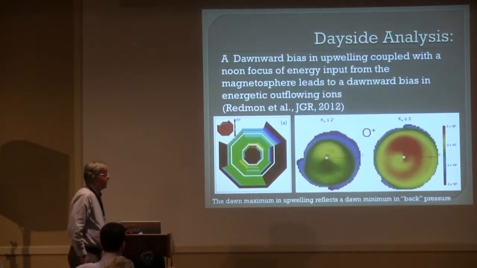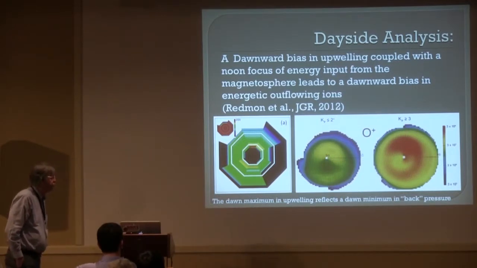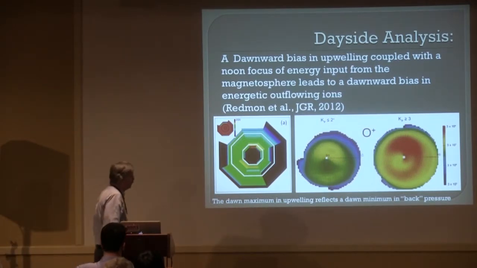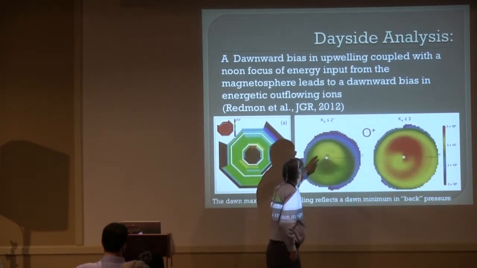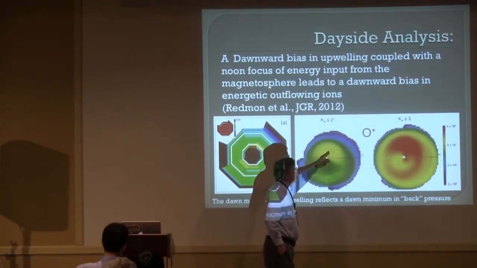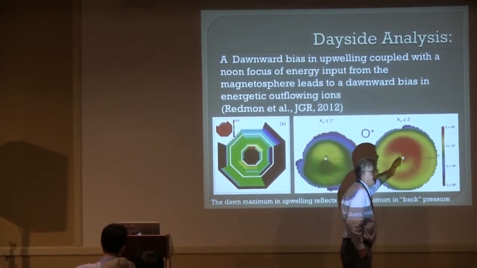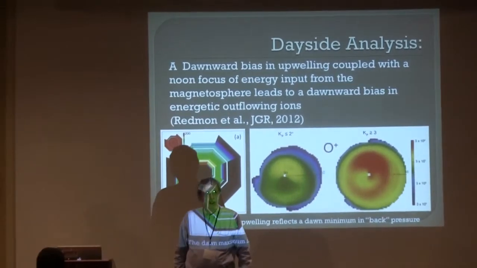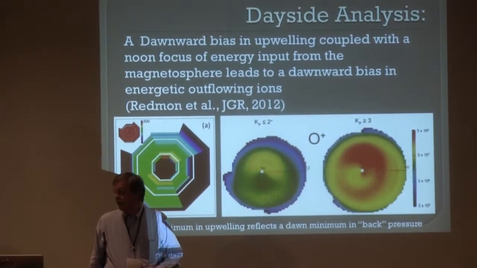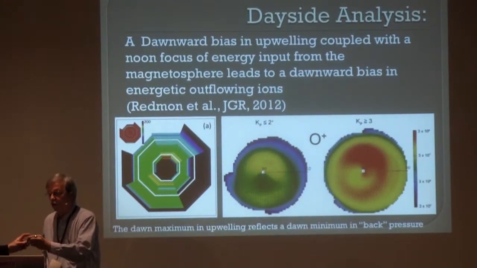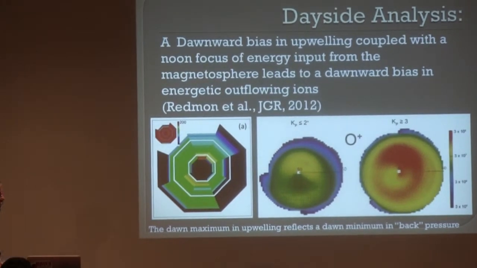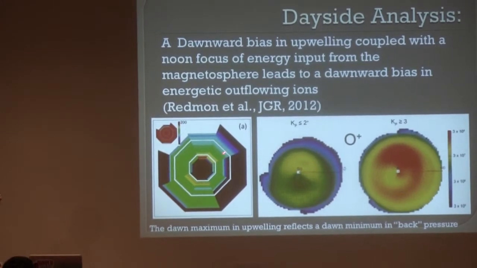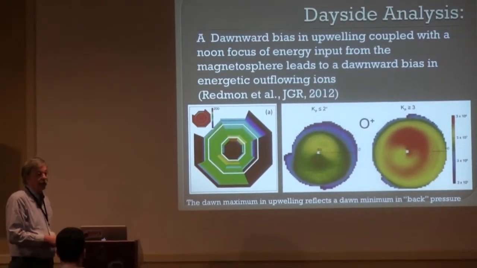The first thing that pops out when you do an analysis is this. This is not the best illustration of the downward shift. This is for Kp less than 2, and you can see it's over here. This is for Kp 3, and it's here. Earlier in the day, Yao showed a RIMS plot that was really 600-volt electrons, and it was really far over. This shows up in the dynamic boundary-related coordinates.